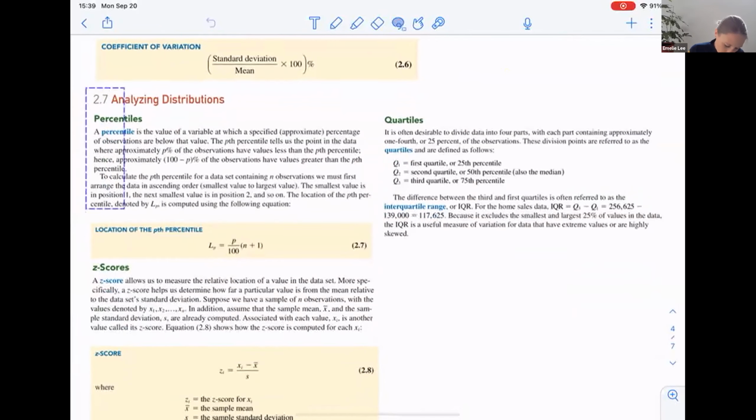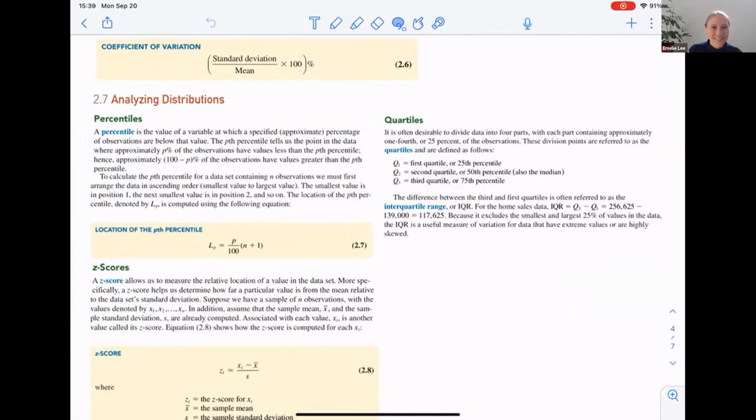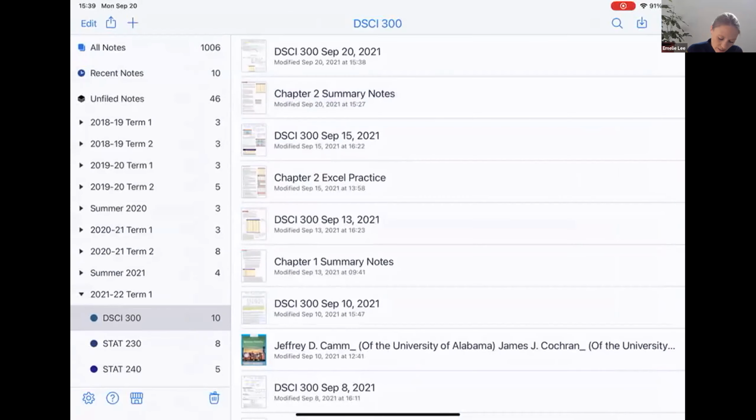So we're calling it analyzing distributions. I wouldn't call it analyzing quite yet, but we are digging a little bit deeper. So what are some of the characteristics of our distributions? What are some of the characteristics of our data?